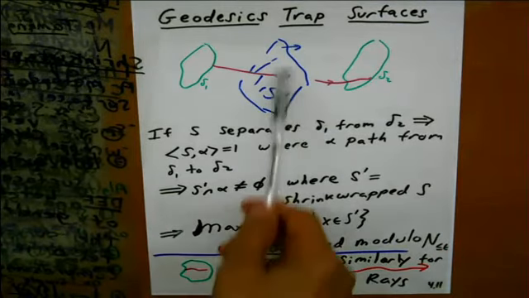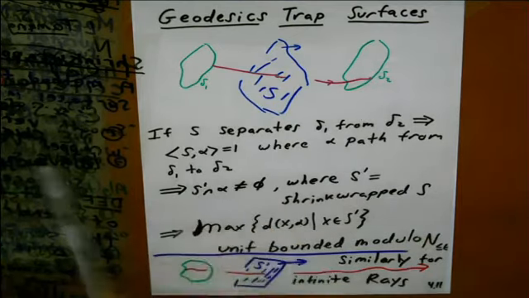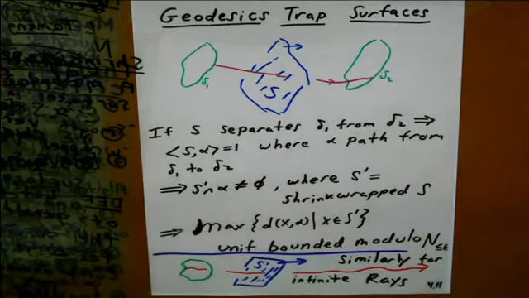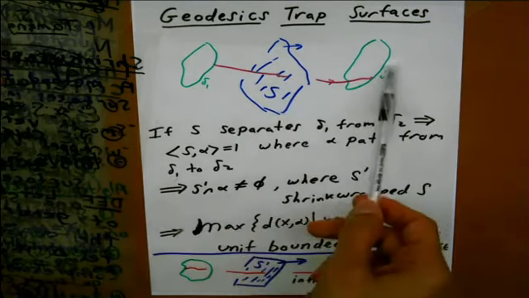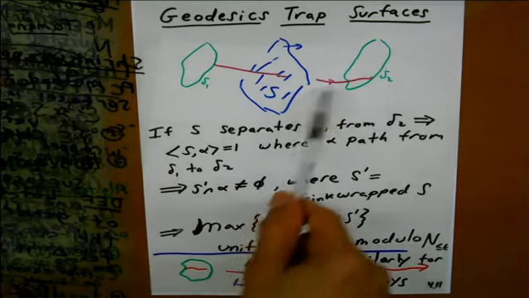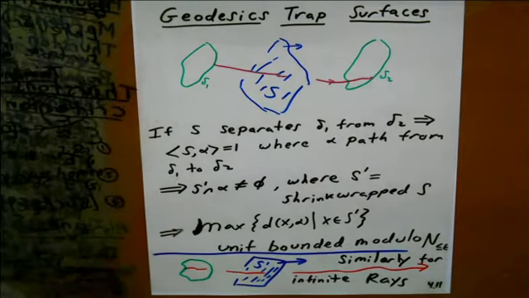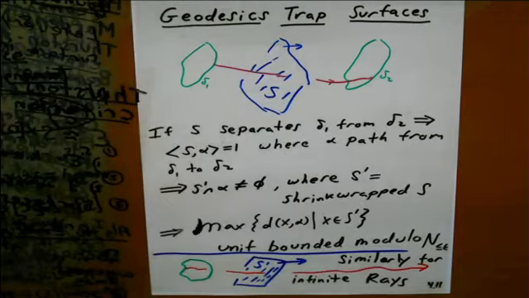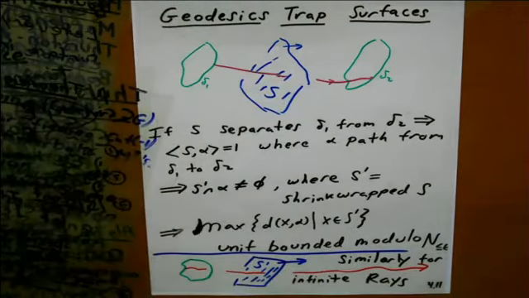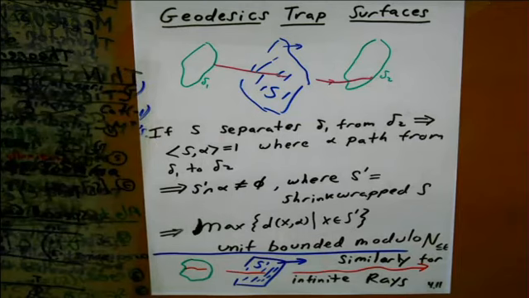So if I'm shrink wrapping this surface, and on one side is this curve and on the other side is this curve, and you draw any arc, then when you shrink wrap it, well, who knows? It might want to jump this way or that way, but the fact is the shrink wrapped surface is going to intersect that arc. That's the shrink wrapping theorem.